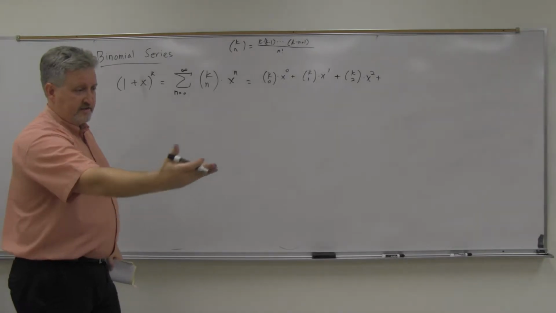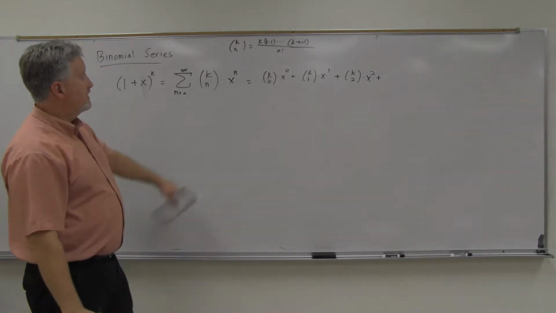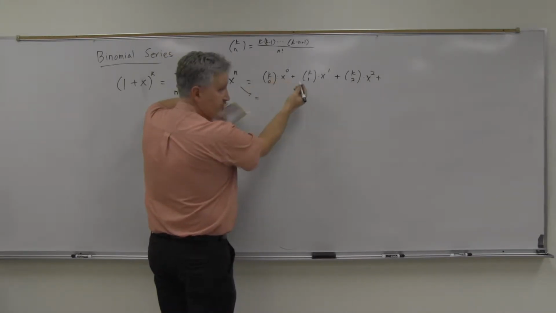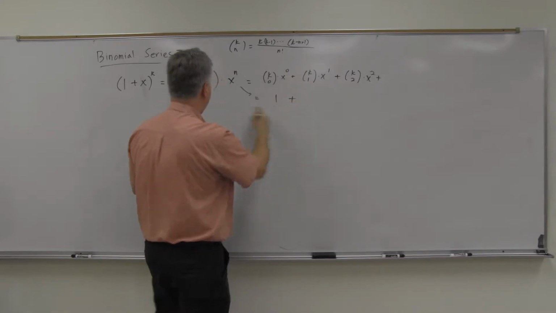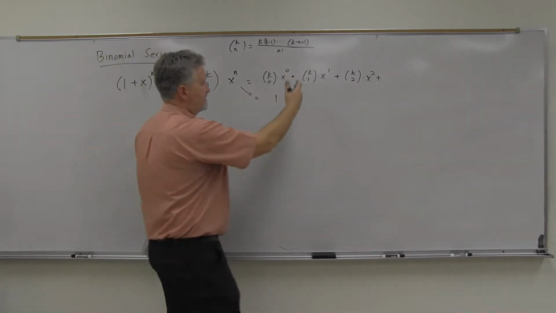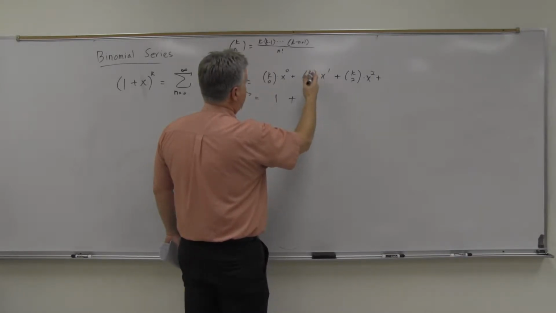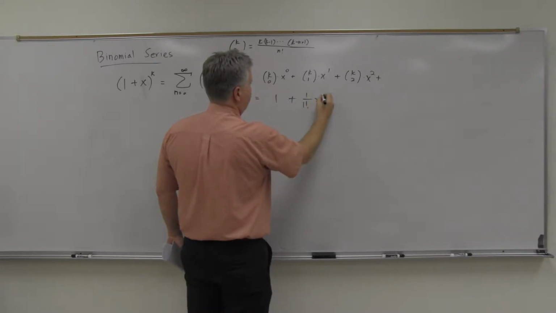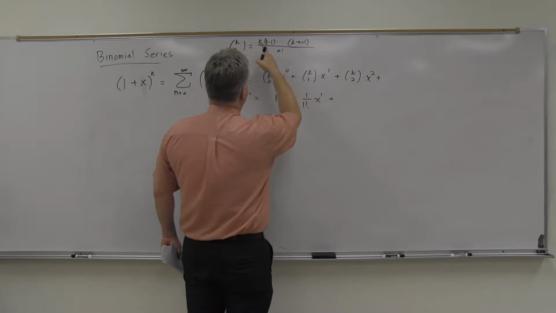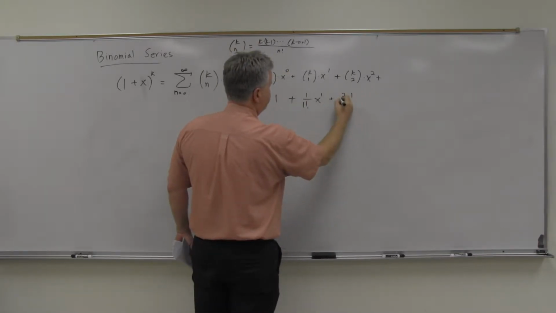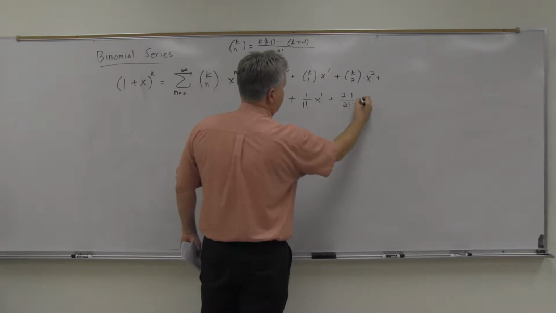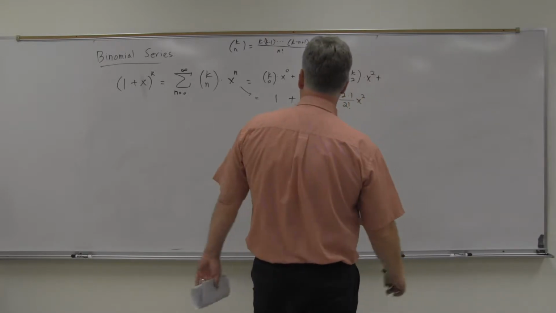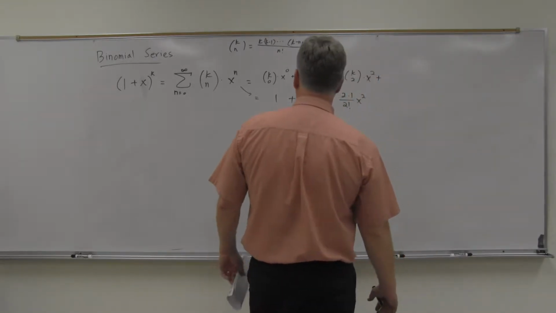So what they did in the book there on table 1 is they went ahead and evaluated this. In the book they say k choose 0 is 1, x to 0 is 1, so the first term is just 1.